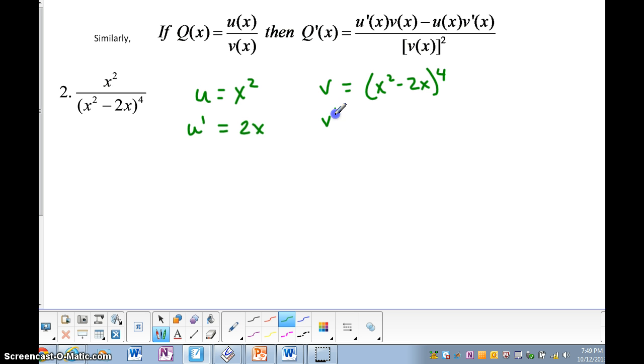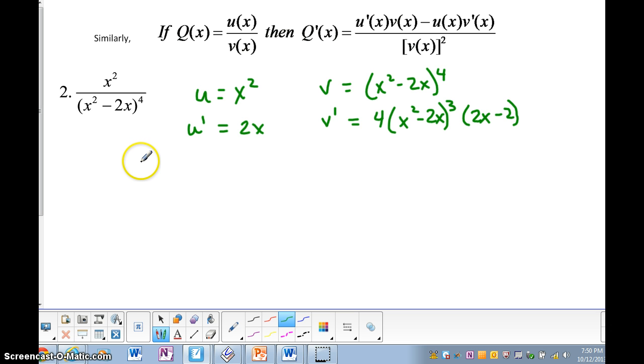Our v prime, or derivative of v, we would use the chain rule. So we have 4 times our x squared minus 2x. This all stays the same. We subtract 1, so we have 3, and then we take the derivative of the inside, which would be 2x minus 2.